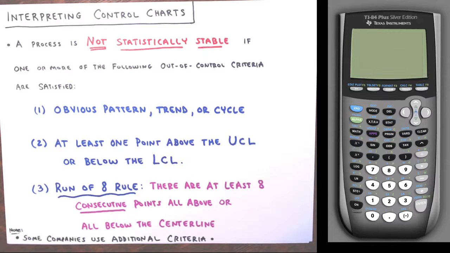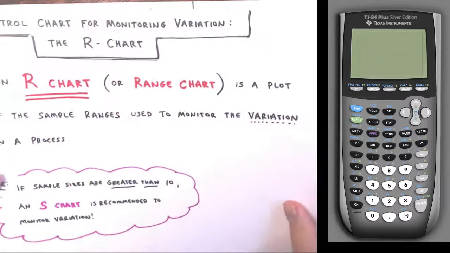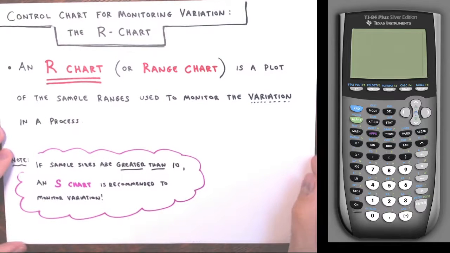All right, so now these next couple pages are specifically on the R chart, or the range chart, which is a control chart for monitoring the variation in a process, the spread.